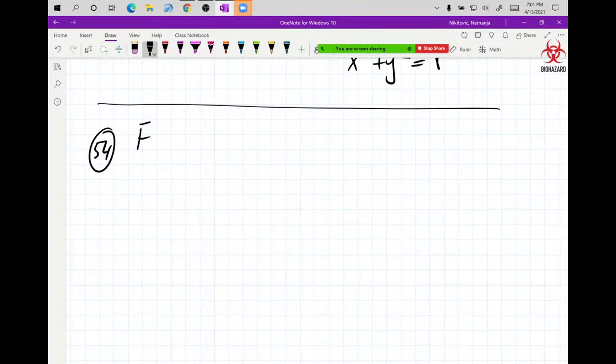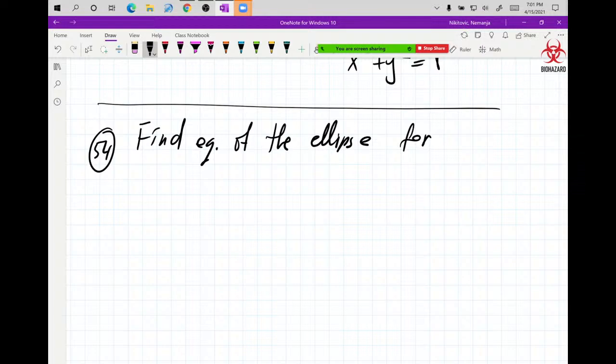Find the equation of an ellipse for x squared plus 4y squared plus 10x minus 8y plus 13 equal to 0.